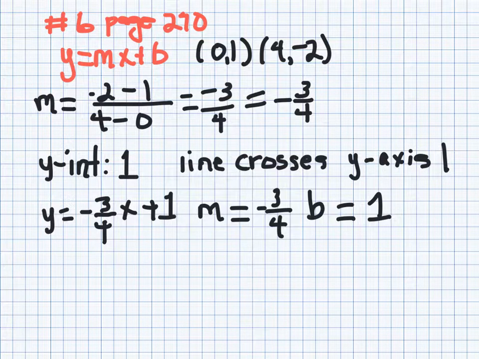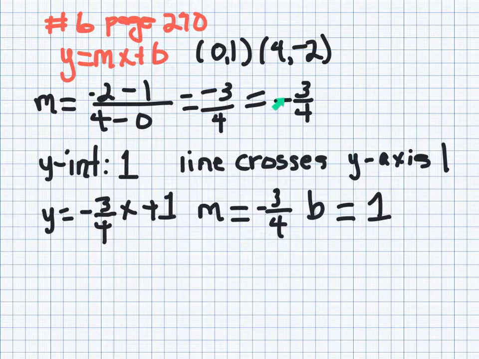If you look on the bottom of 271, it says Model Negative Slope, Checkpoint. There's 6, 7, 8. You look at that picture and I'll walk you through those. The first one, we pick our coordinates. I picked 0, 1, and 4, -2. I plug in right here. The -2 minus 1 equals -3. 4 minus 0 equals 4, and then the answer is -3/4.